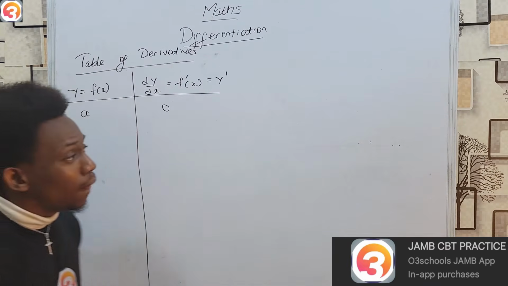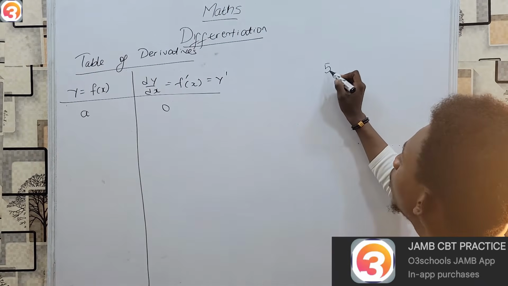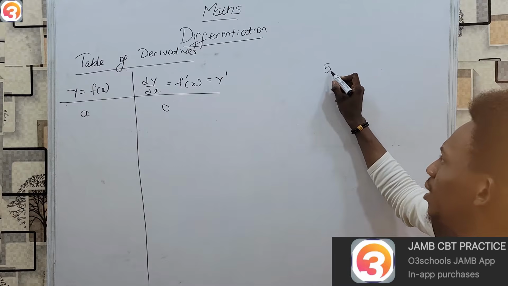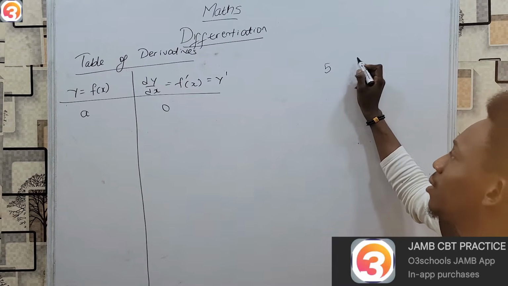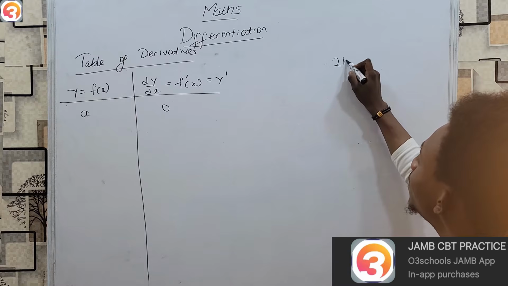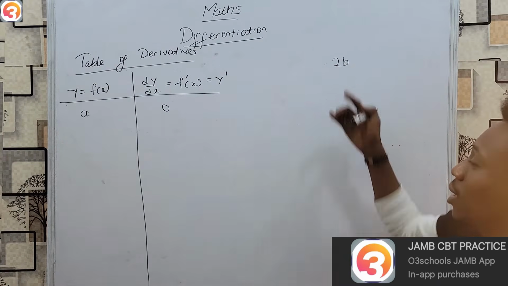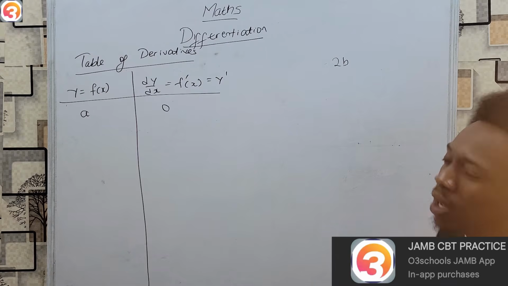Is that easy? If you're asked to find the derivative of 5 with respect to x, there's no x here. That makes this a constant. My answer is 0. If you have to find the derivative of 2b with respect to x, there still is no x here. That makes my answer 0.